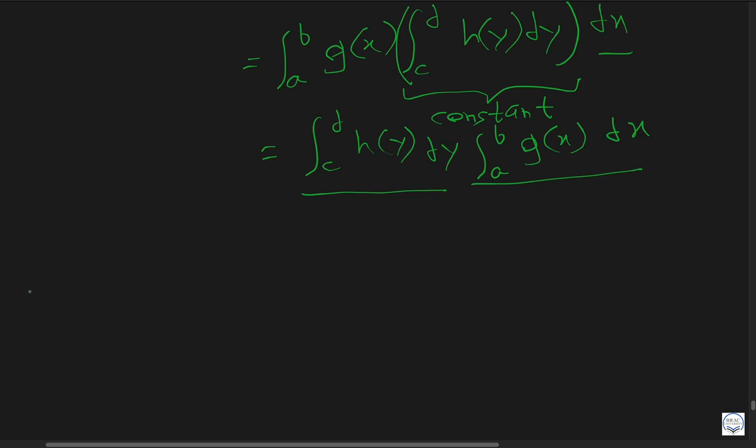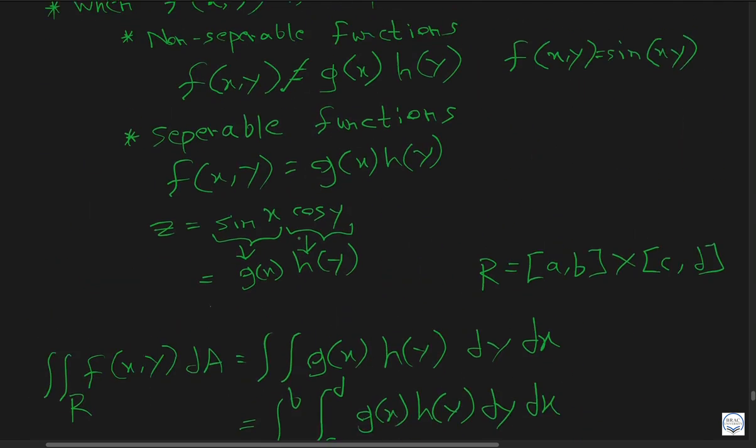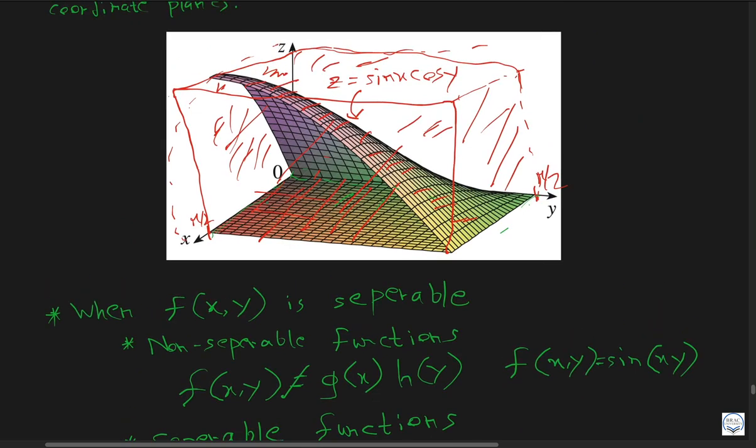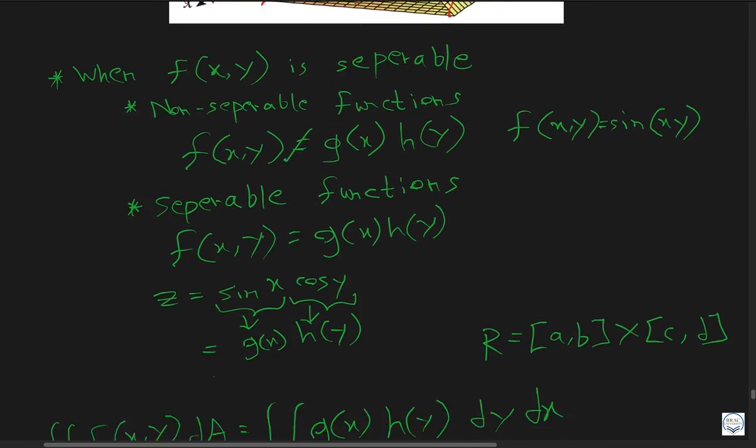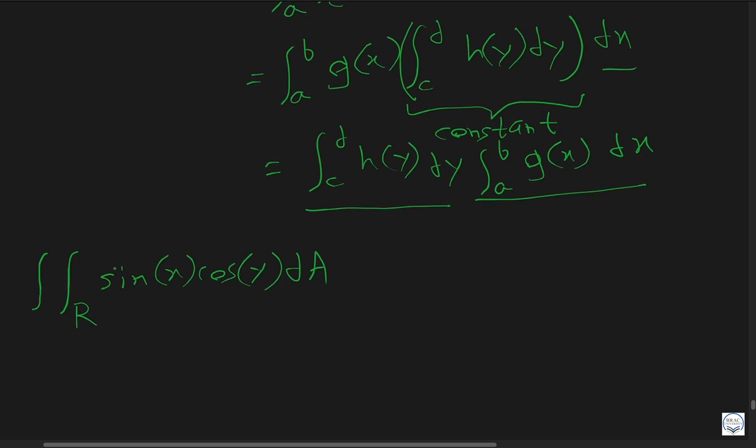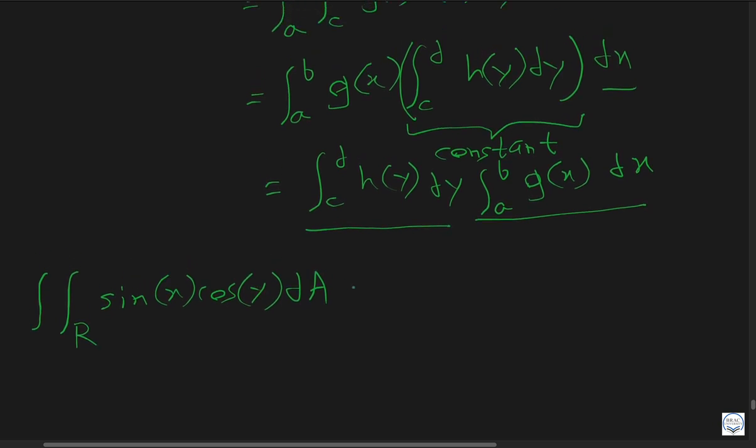Let's see this problem in action. So we have our region R and the function is sin x cos y dA, where R is this particular rectangle in the xy plane, where x goes from 0 to pi by 2 and y goes from 0 to pi by 2. So since this is a separable function, we can write this as the product of two definite integrals.